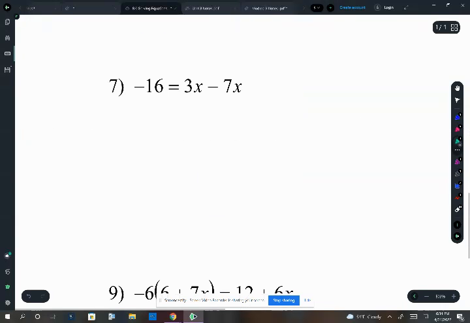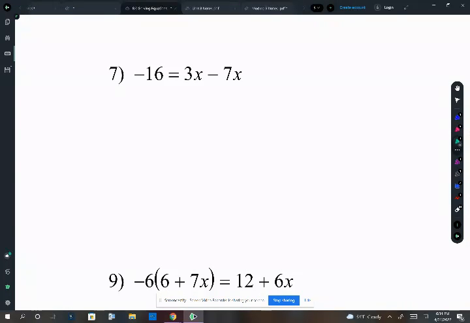All right, so looking at number 7, notice on this one we have two x terms on the same side. And so the left is going to stay negative 16. The right, because they're on the same side of the equal sign, we just do what it tells us.